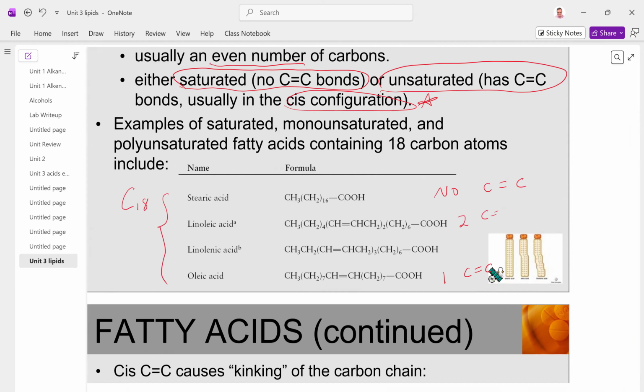Two double bonds. Three double bonds. And they all happen in a specific place because of the way mammalians generate fatty acids.